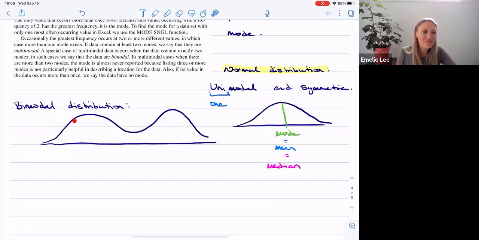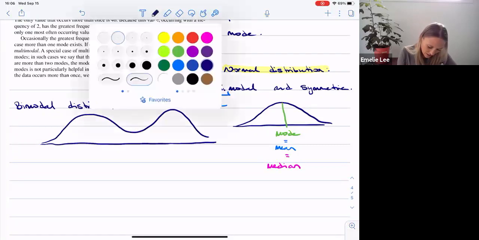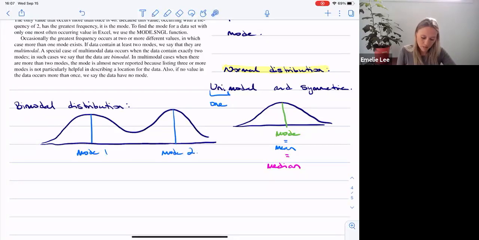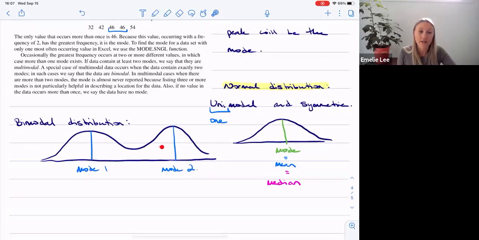Okay, so here we have a bimodal distribution, mode 1, and here we have mode 2. Anything more than two modes, we usually don't report it because it becomes really kind of useless.